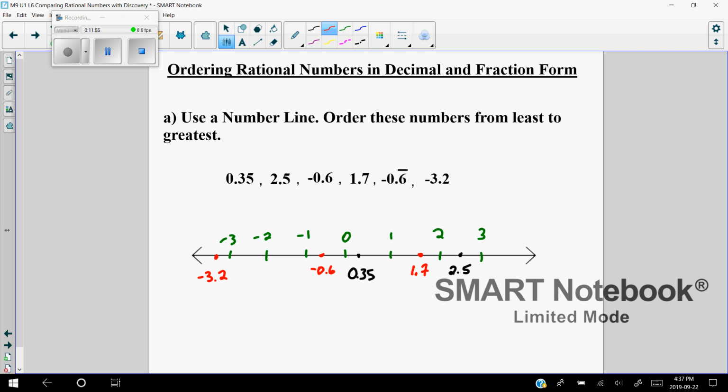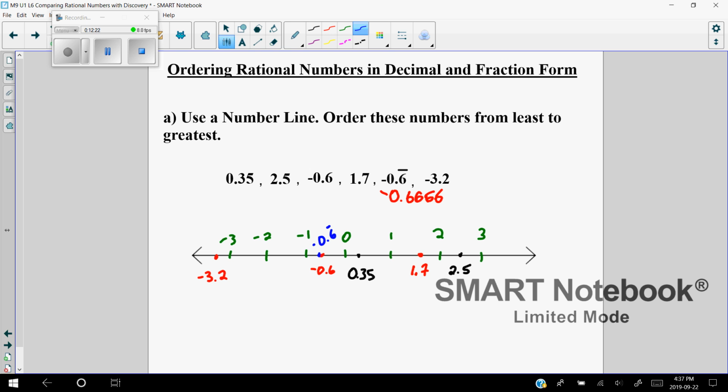Oh, I skipped one. I skipped negative 0.6 repeating because that one's a little bit trickier. But remember that this is like saying negative 0.66666. We keep going on and on, which means that it's actually bigger than our terminating one. So I would add it in on this side here.